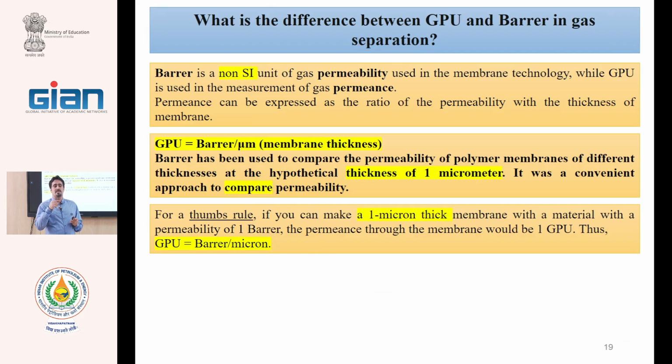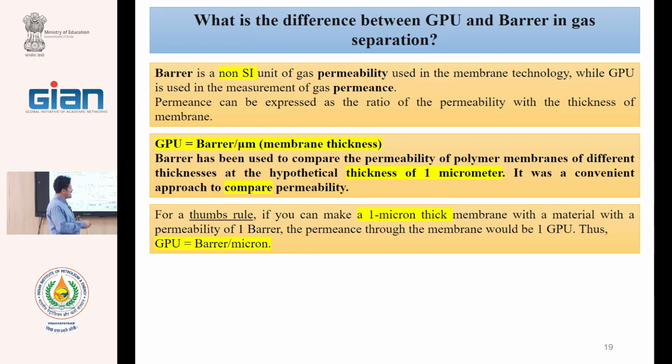That means we report a film with a thickness of 1 micron. This barrier shows how much gas passes through this specific polymer at 1 micron. You see, we obtained a GPU of 100, and our membrane thickness is 20. Therefore, we multiply this micron by the GPU and obtain the barrier. That means we inserted the thickness effect.